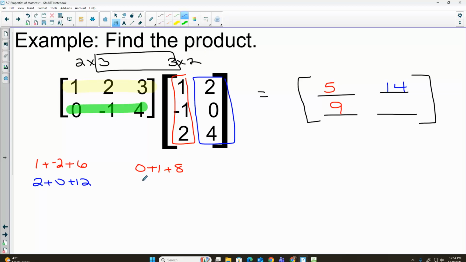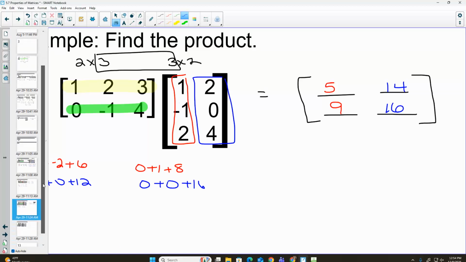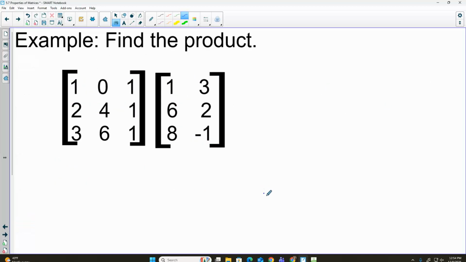Second row, second column, so 0 plus 0 plus 16 gives us 16. How do we do? Good? Let's do last one.